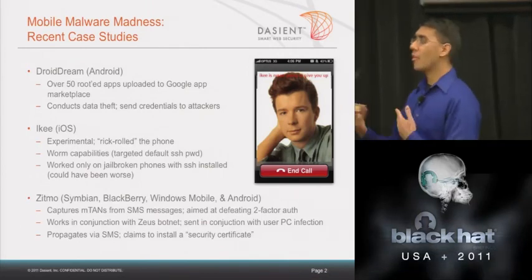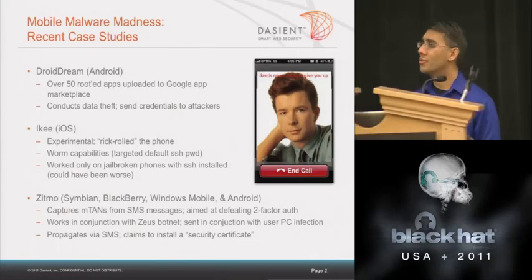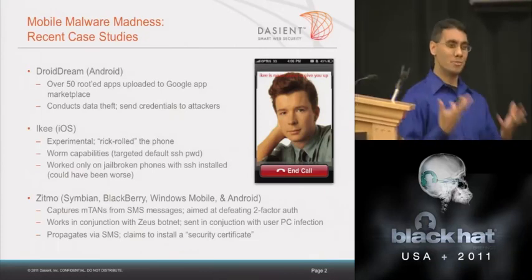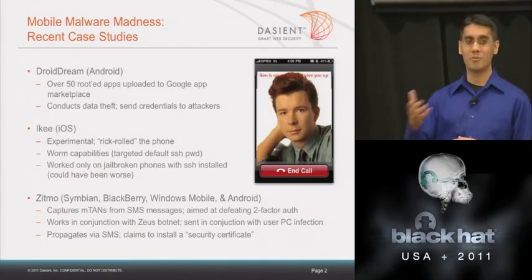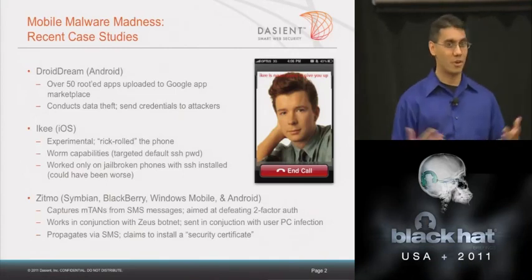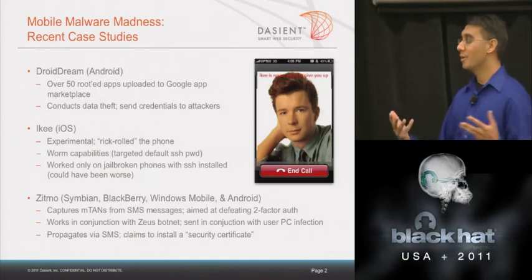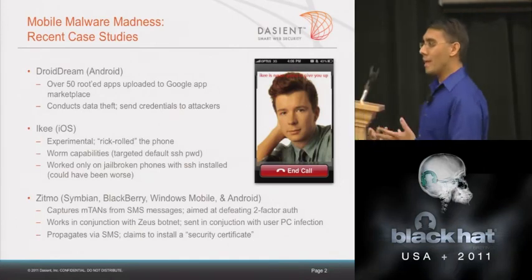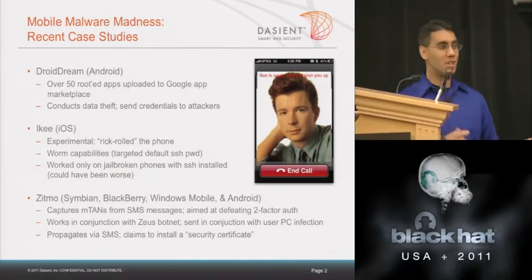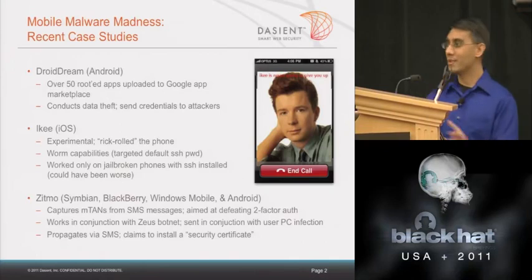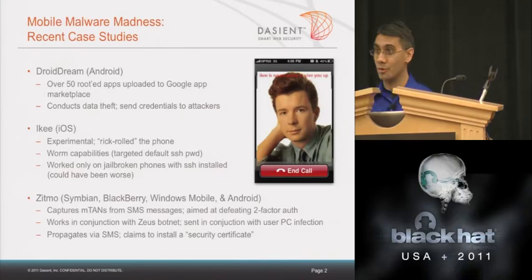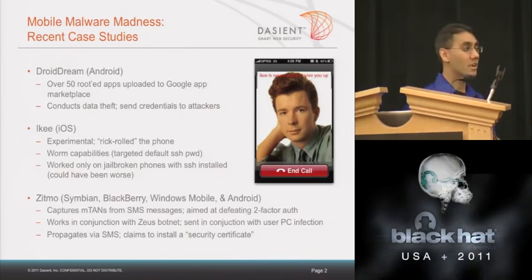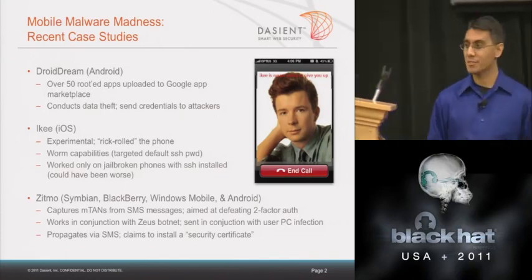Other advanced versions of Ikee, in addition to rickrolling phones and connecting to bot masters, turned each of the phones itself into a bot master and created a peer-to-peer botnet. In the traditional PC world, it took a while to get to peer-to-peer botnets, but we've seen it happen pretty fast in the mobile setting. So Ikee was another interesting test case.